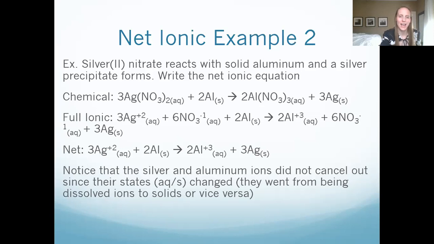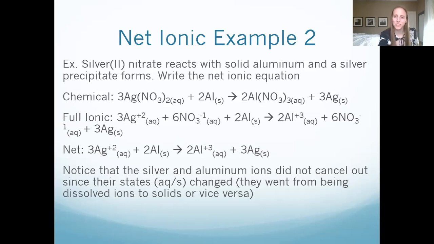So here I have silver nitrate, which is AgNO3, reacting with aluminum. If I do my double displacement, I'll get aluminum nitrate and silver being formed. Now, when I turn this into ions, my ionic compound of AgNO3 gets broken apart into its ions, but the aluminum is not an ionic compound because you need a metal and a non-metal to be ionic.